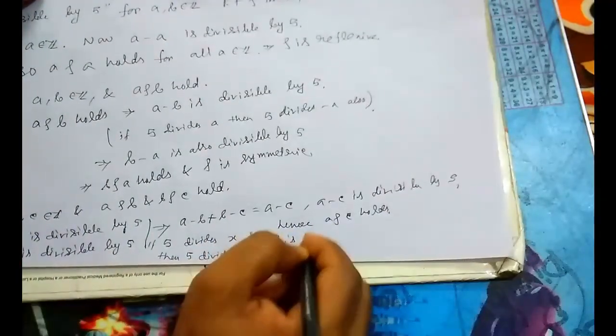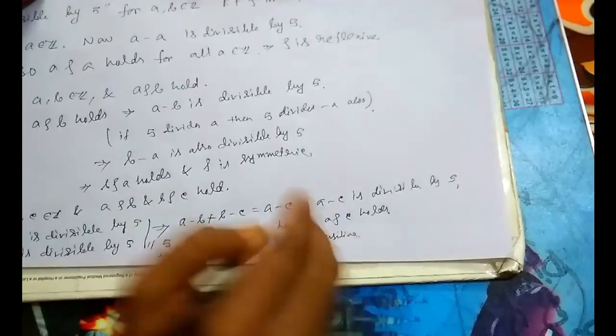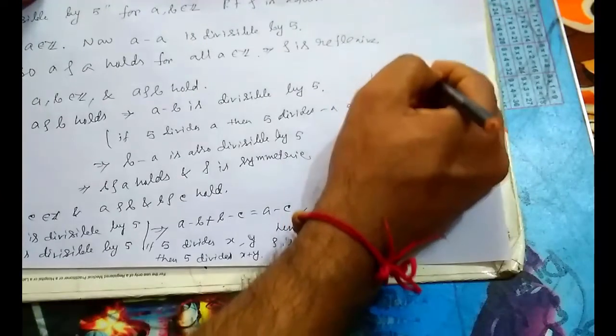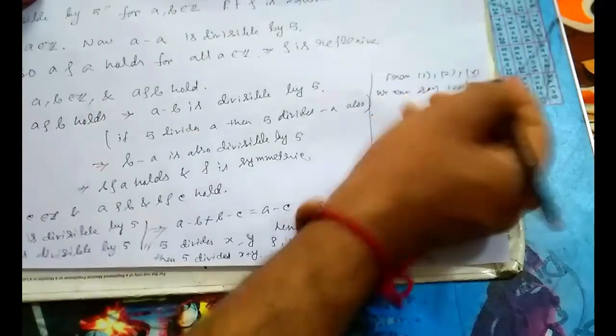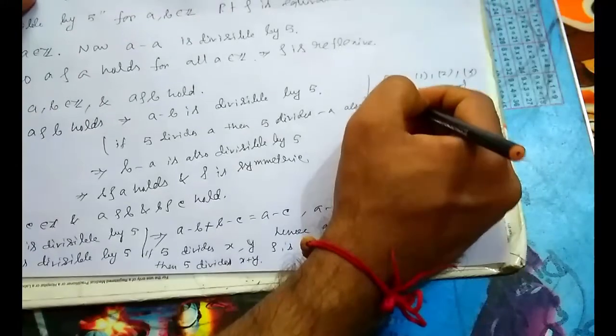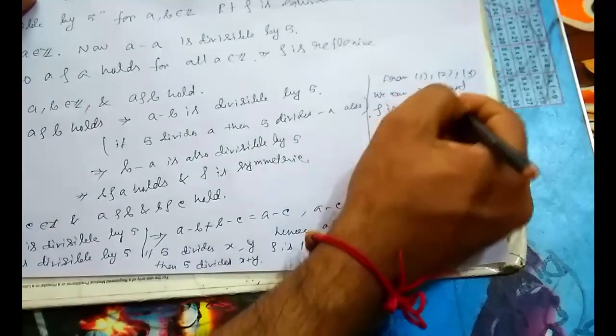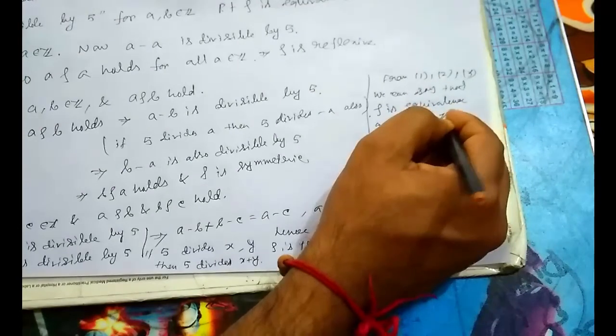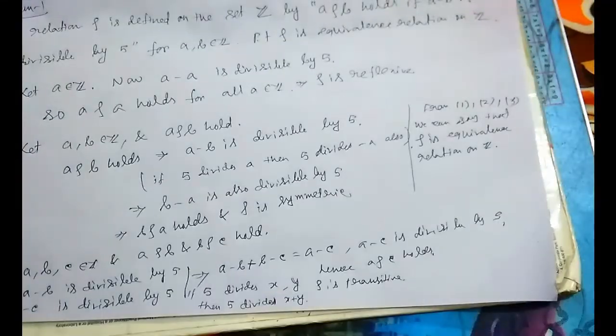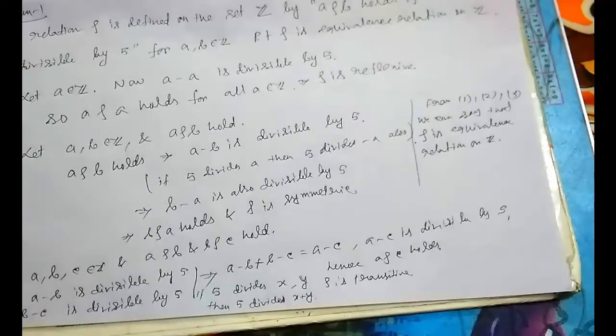So rho is transitive. And from 1 to 3 we can say that rho is an equivalence relation on Z. So if you are asked to prove that a relation rho is an equivalence, you have to approach the problem like this.